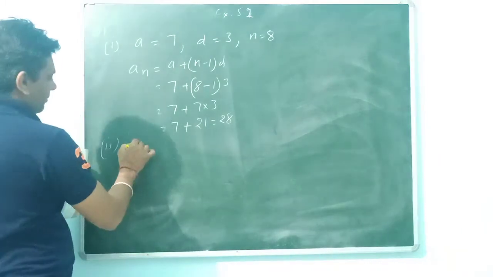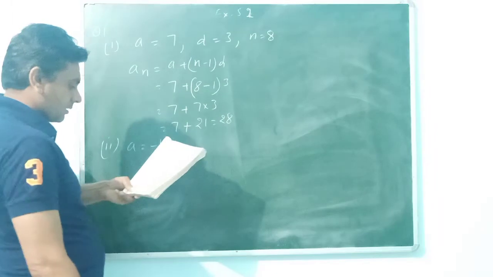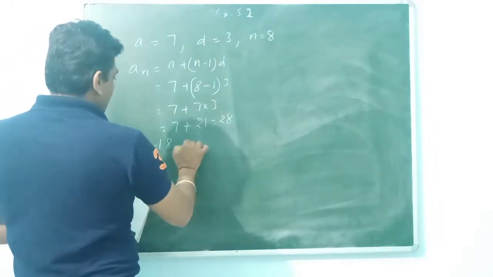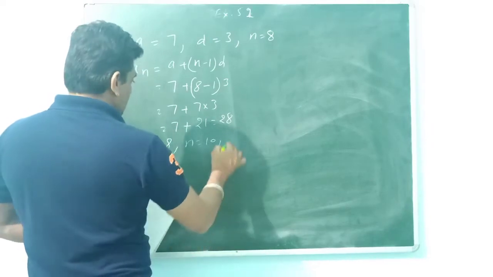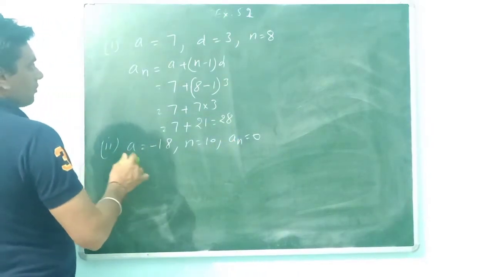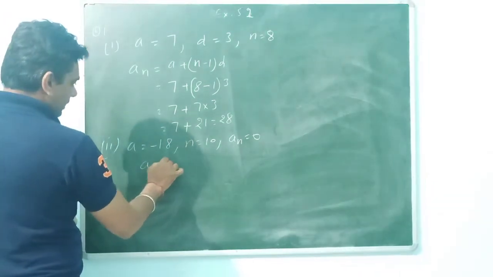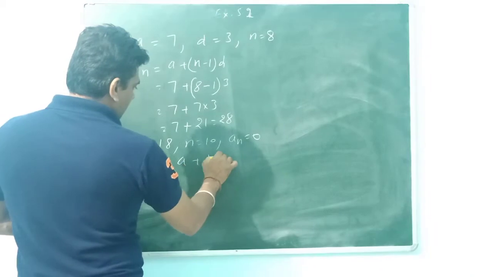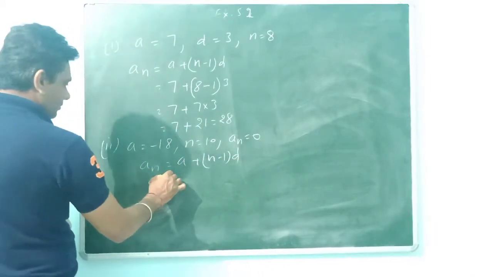Second part. A is minus 18. N is equal to 10. And An is 0. Again we have to find D. An is equal to A plus N minus 1 into D. An is 0.